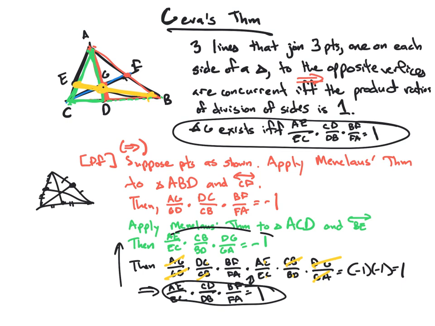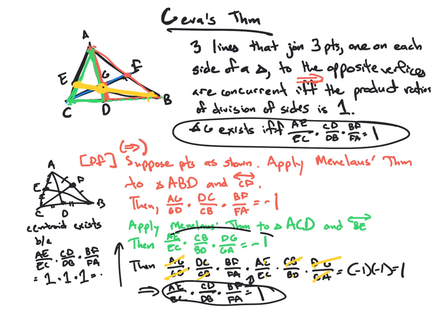So A, B, C, D, E, F. So the centroid exists because if we do AE over EC times CD over DB times BF over FA, well, that just equals 1 times 1 times 1 because these are midpoints, and that does equal 1. And so the centroid exists by Ceva's theorem, okay?